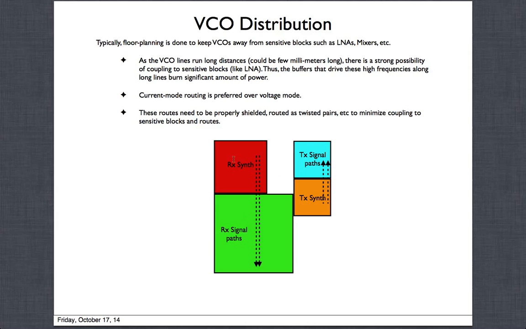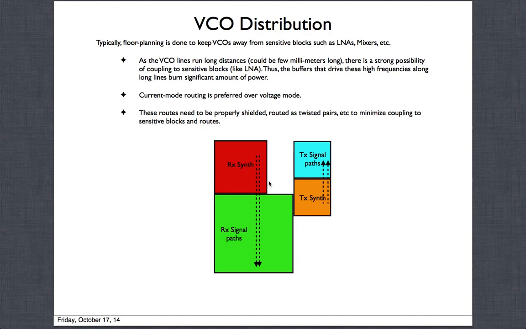Then I'm calling this red block the RX synthesizer. This is where we might have, let's say, up to 4 VCOs to generate 4 different frequencies. You could have primary and diversity, and then all these carrier aggregation scenarios which might need them. And then you have the TX synthesizer here, which will also have 1 or 2 VCOs to generate the frequencies it needs.